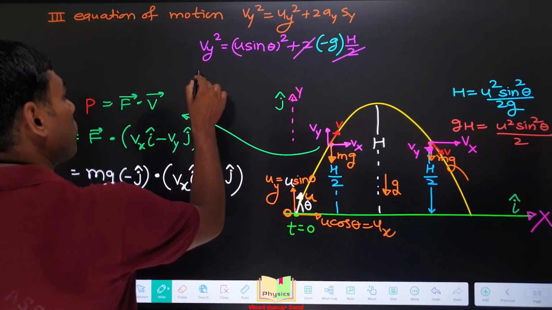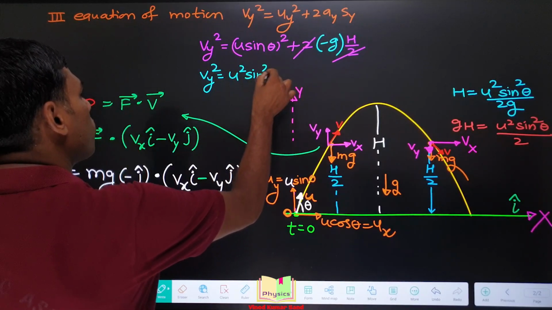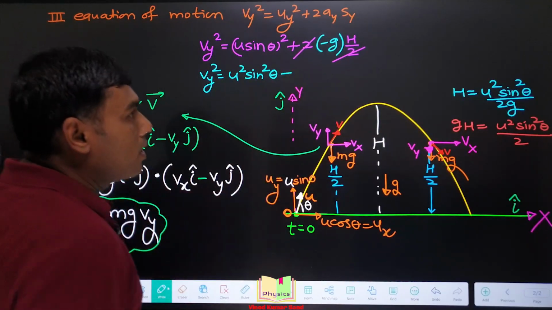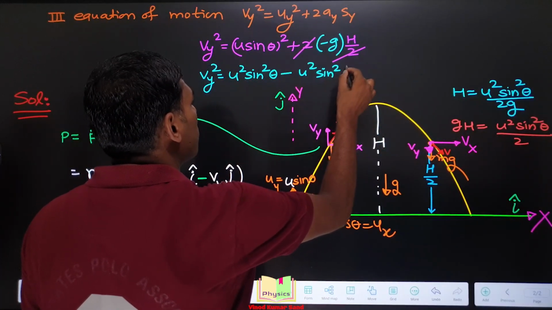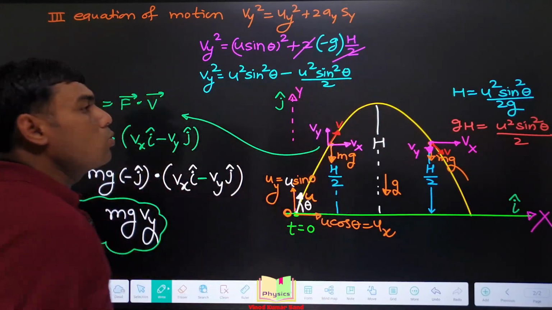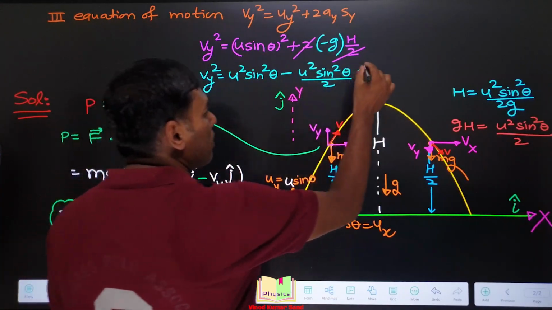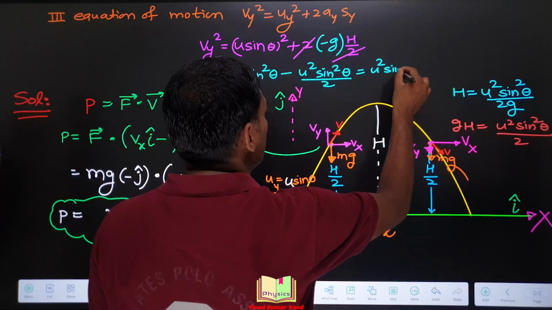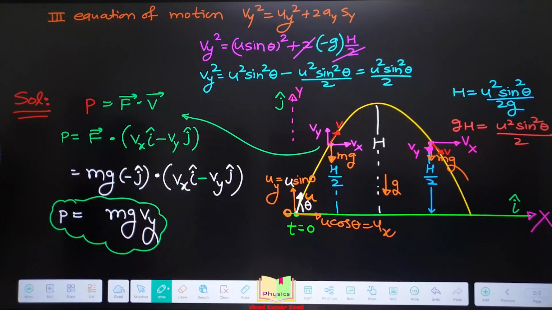So, simplifying it further, the Vy square is equal to u square sine square theta minus that gh value we put as u square sine square theta by 2. So, we are left with finally, when we simplify this, the remaining answer is u square sine square theta by 2. This is Vy square.